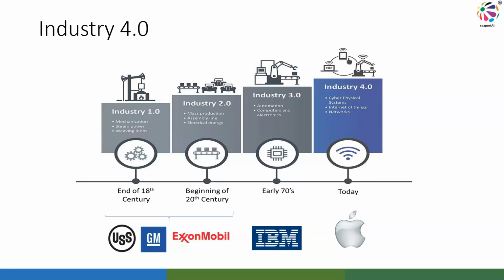Industry 4.0 is Apple. Apple is the company with the highest market capitalization currently. And the company with the highest market capitalization in the early part of the 20th century was US Steel. Where is US Steel now? Still around, but with a much lower market capitalization. So you can see the change that is sweeping our world.